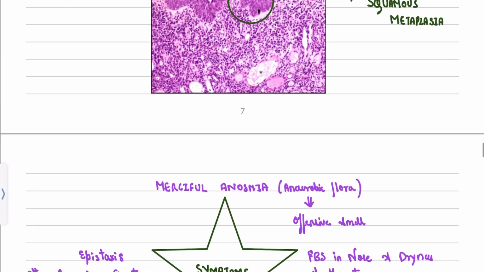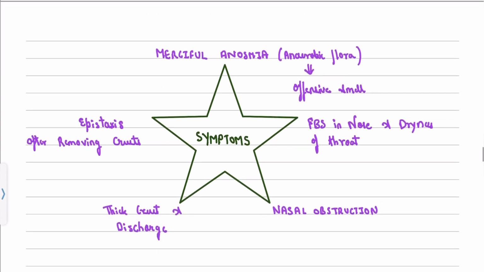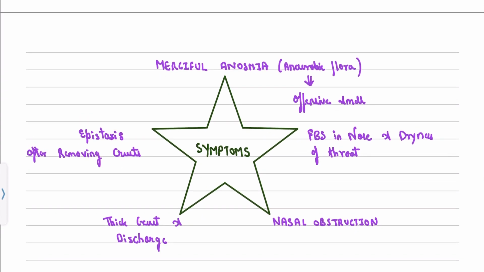Okay, now let's move to another important section, that is the signs and symptoms of atrophic rhinitis. Patients of atrophic rhinitis suffer from something known as merciful anosmia. The concept is that the anaerobic flora present in the nasal cavity produce an offensive smell.